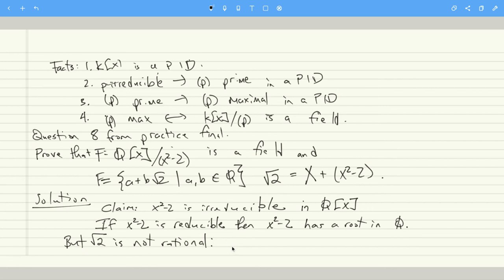So assume the square root of 2 is rational, and write it in lowest terms, p over q, with p and q coprime, in other words, having no common factors.